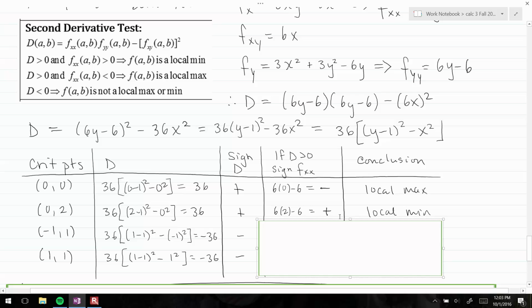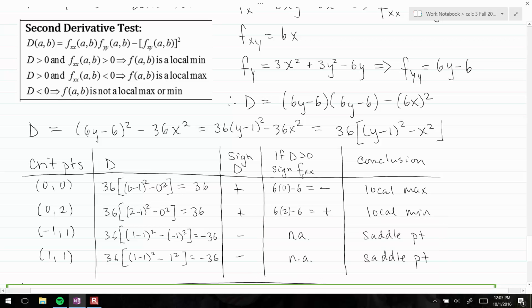So we get a negative and a positive. So we have a local max for the second case, and then we have the first case, local min, for the other one. And because we got negatives here for big D on the last two critical points, that means we don't have to do that extra check, and we can just conclude they're saddle points.